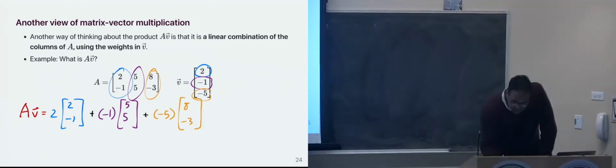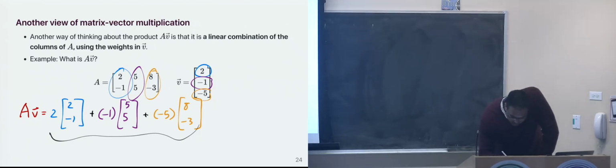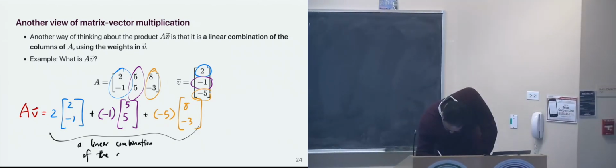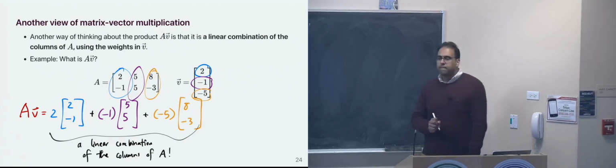Okay? And note that this is a linear combination of the columns of A. And that's a big result.